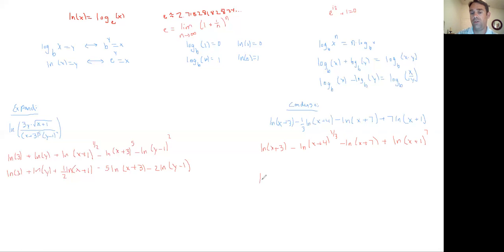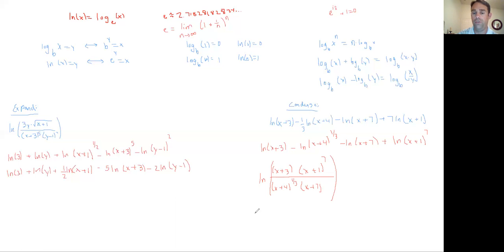All right, all the positive logs go to the top, all the negative logs go to the bottom. So x plus 3 to the top. x plus 4 to the 1/3 on the bottom. x plus 7 will also go to the bottom. And x plus 1 to the 7th, that'll go to the top. And friends, we're just about done here, except for one problem.